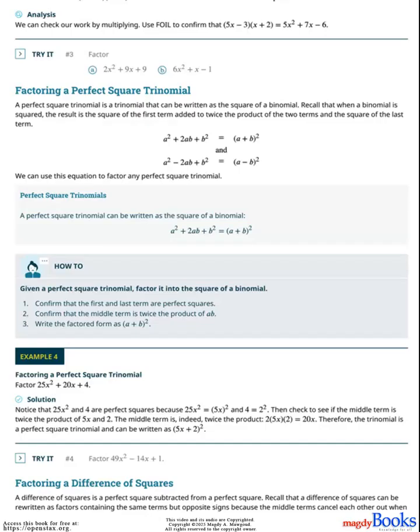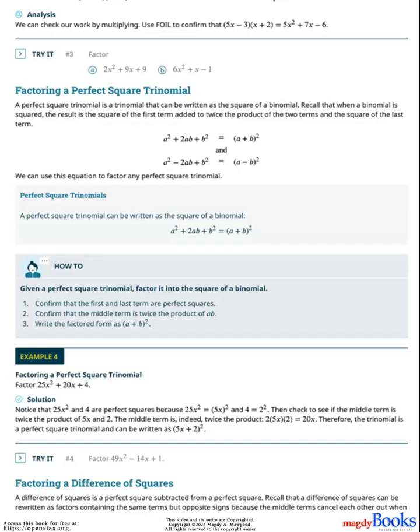Solution. Notice that 25x squared and 4 are perfect squares because 25x squared equals (5x) all squared, and 4 equals 2 squared. Then check to see if the middle term is twice the product of 5x and 2.